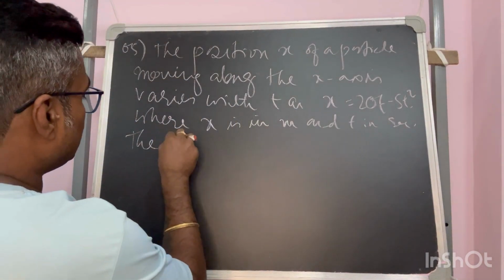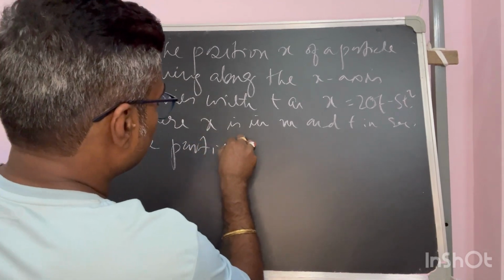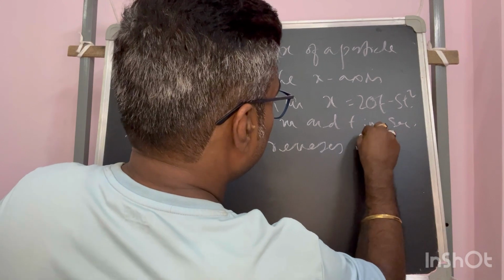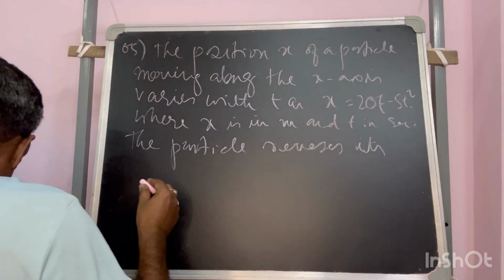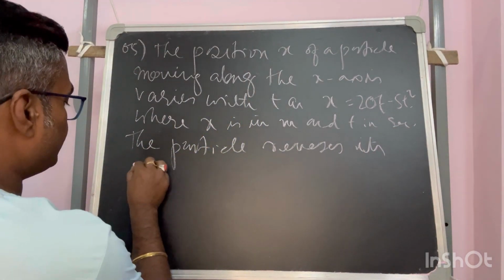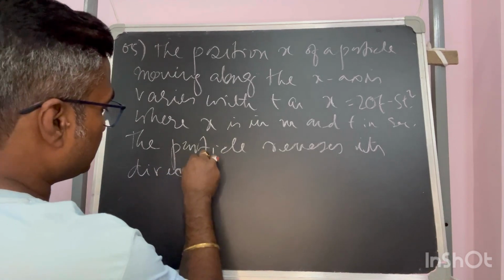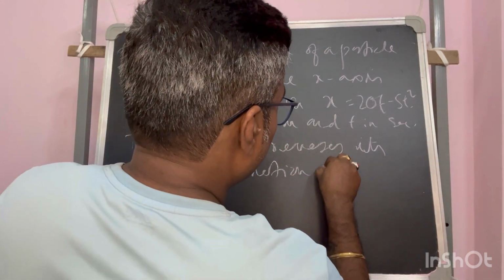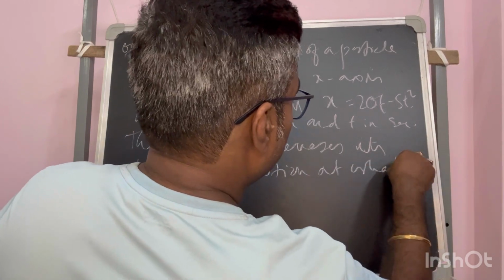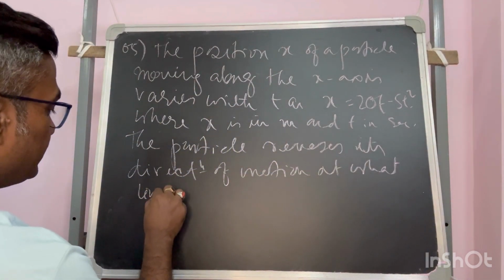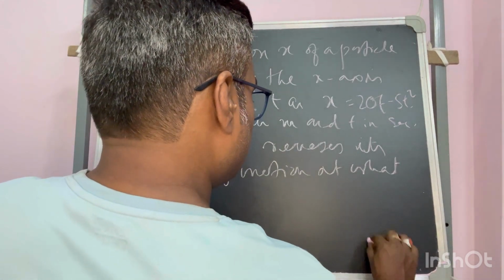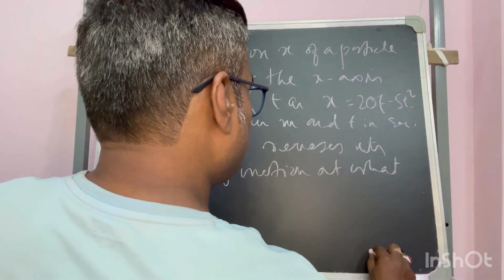The particle reverses its direction of motion. At what time? So that means the motion must be such that it is coming back after some time, it is reversing back.